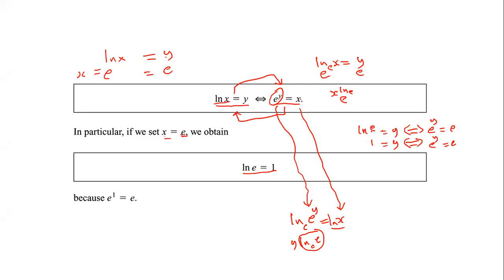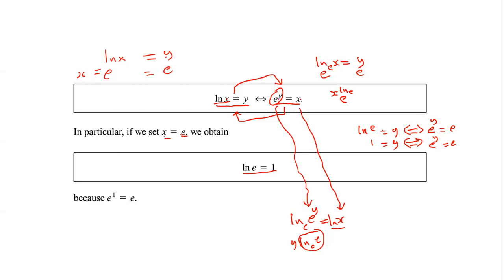ln e is equal to 1. Okay? So this is ln e, it will be equal to 1. This is y. And on the right-hand side, we have e to the y equal to e. Because e to the y equals x, but they told us to change x into e. Okay, so we put e to the y equal to e. So now ln e is equal to 1. This is equal to y.